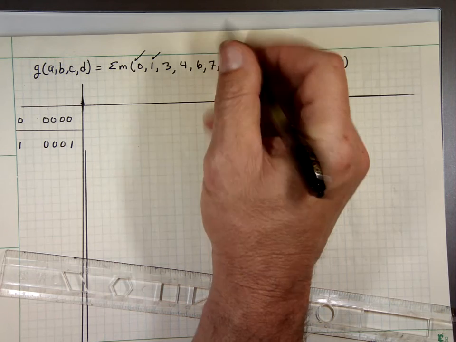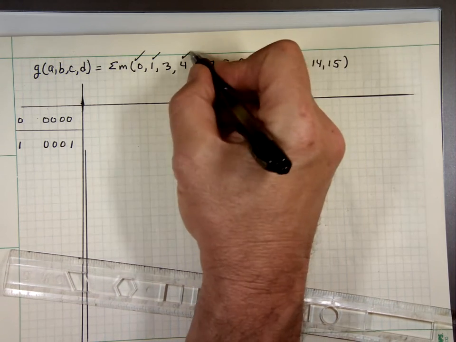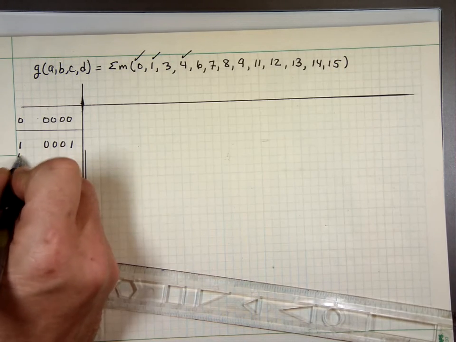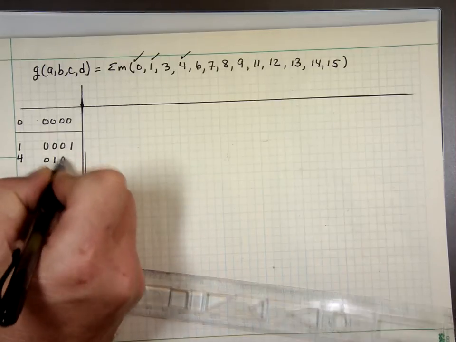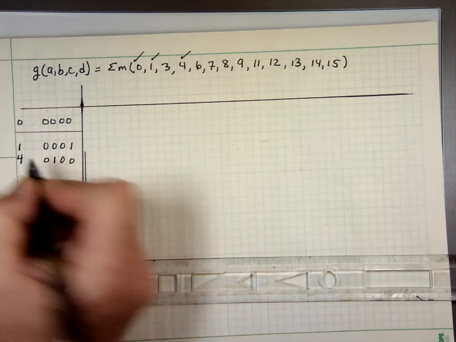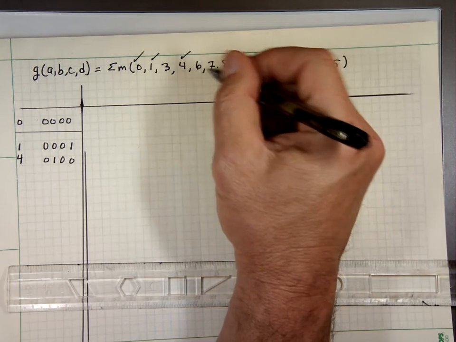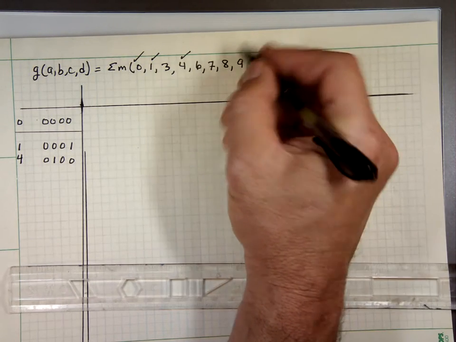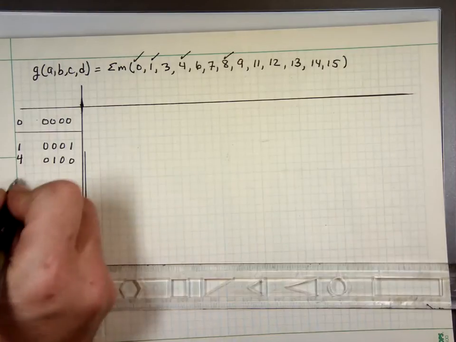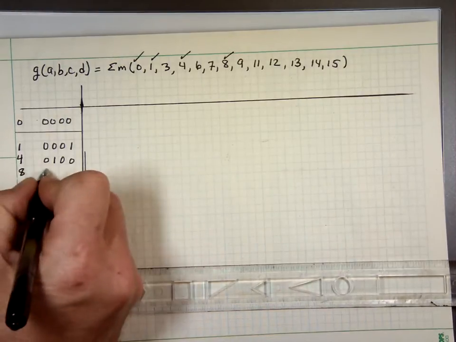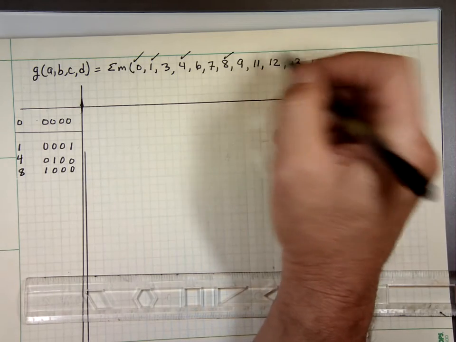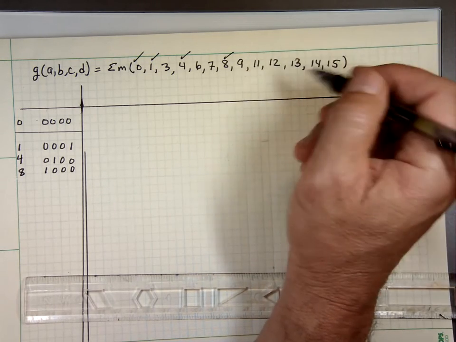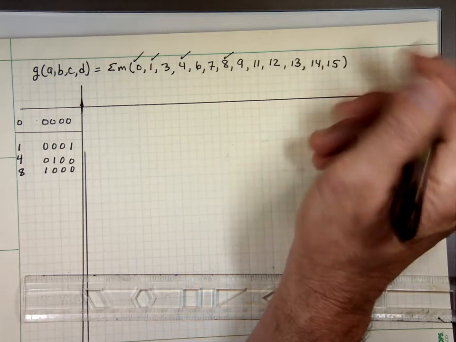The 4 has 1: 0, 1, 0, 0. 6 doesn't. 7 doesn't. The 8 has 1: 1, 0, 0, 0. 9, no. 10, no. 11, no. 12, no. 13, 14, 15. So that looks like all the ones with 1.